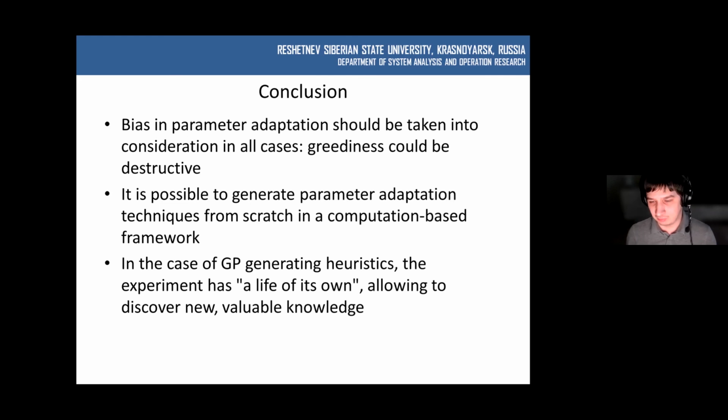And in the case of genetic programming heuristics, when we make such an experiment, it has a life of its own. So it's creating heuristics by itself, combining something that we are not even aware of. And this will probably be a source of some valuable new knowledge for future development of differential evolution.